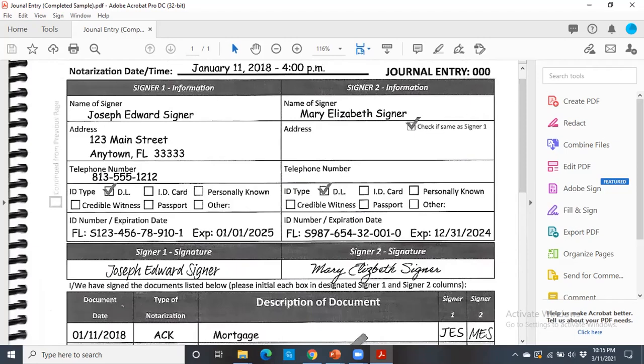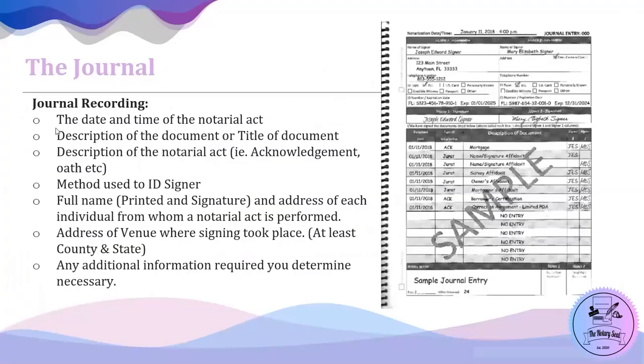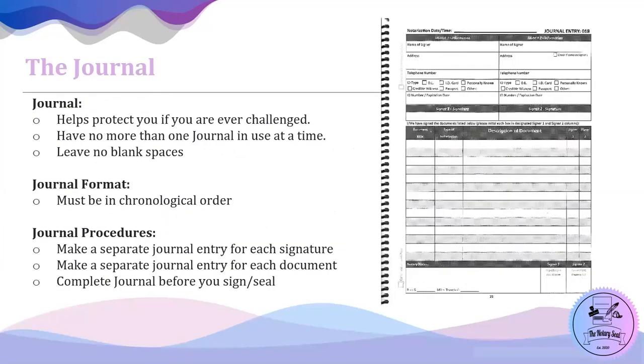Okay, so let me now go back to the actual original screen that we were sharing. And this, again, just goes through all of the things we just talked about. So it goes through location, and one thing that the journal we looked at didn't have is the address of the venue.